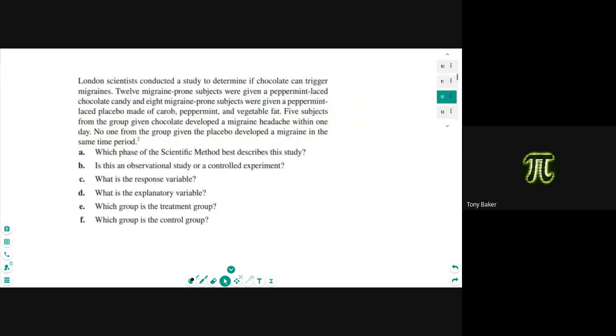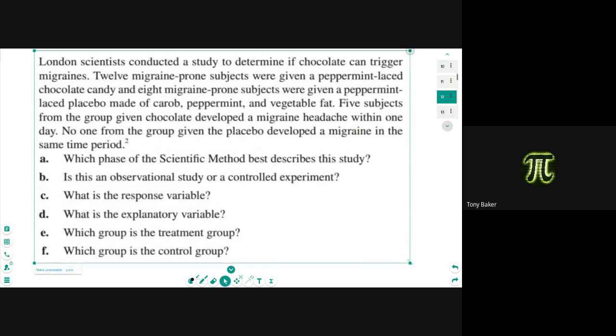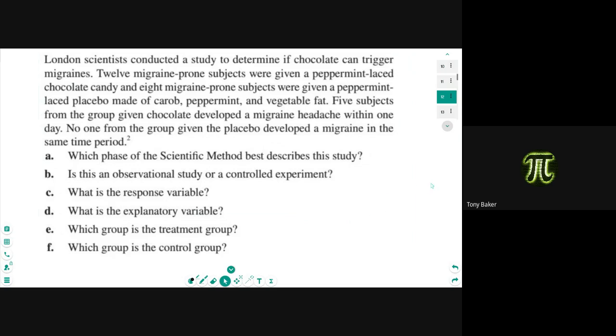Let's do a few problems. Okay, read the problem.